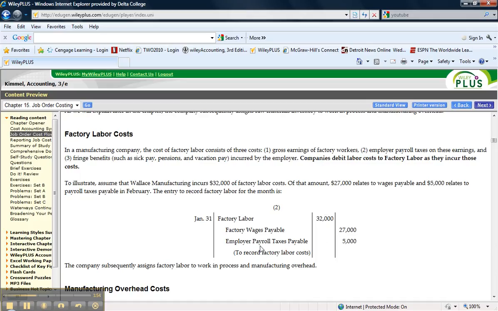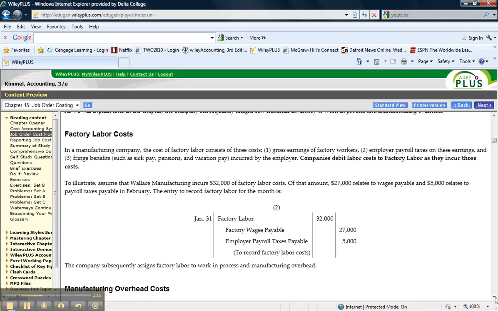Any employer payroll tax is also related to factory wages, so it also gets dumped into factory labor. And if there were factory labor fringe benefits, those costs would also get dumped into factory labor, and there would in fact be a third payable here for fringe benefits. So all the related payable costs get dumped into factory labor.